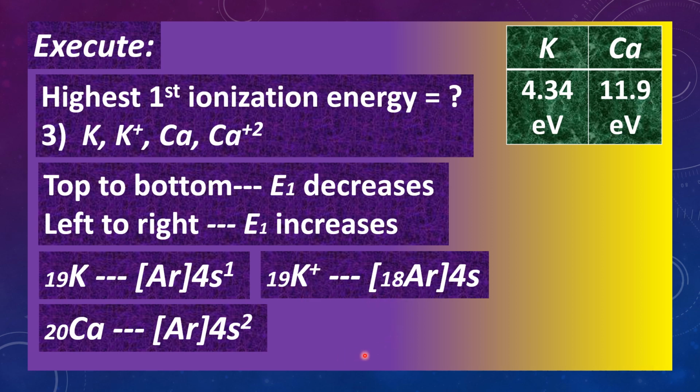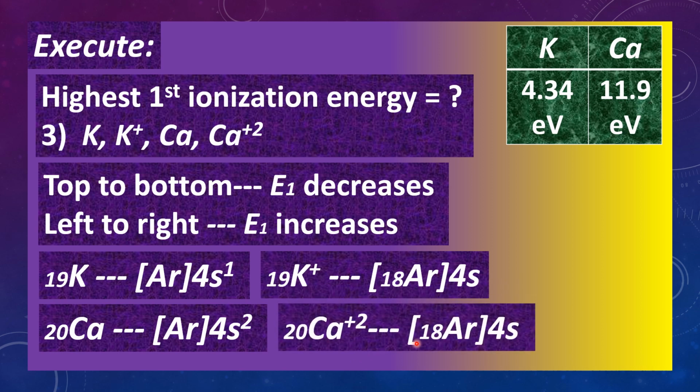How about the calcium positive 2 ion? Its configuration is somewhat similar to that of the potassium positive 1 ion, except that upon losing two electrons, the number of protons in the nucleus of the calcium ion still remains 20, as compared to potassium, which only has 19 protons.